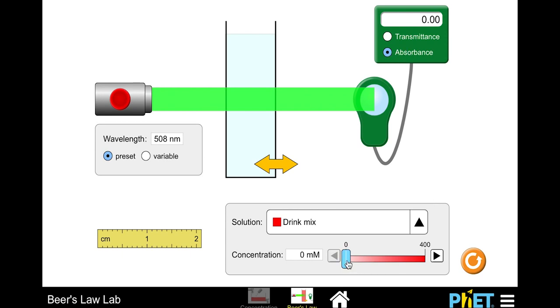As the reaction progresses, let's say it is producing the colored substance, the concentration increases with time, the absorbance increases, and the transmittance decreases from 100%. So this is how it works.